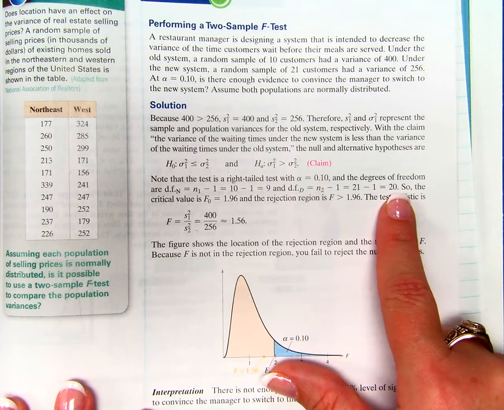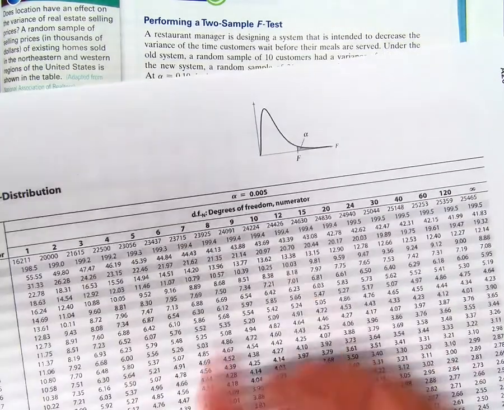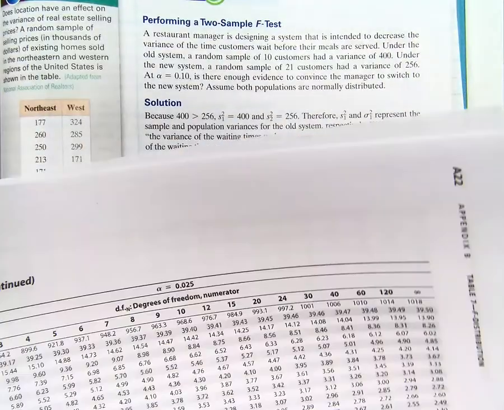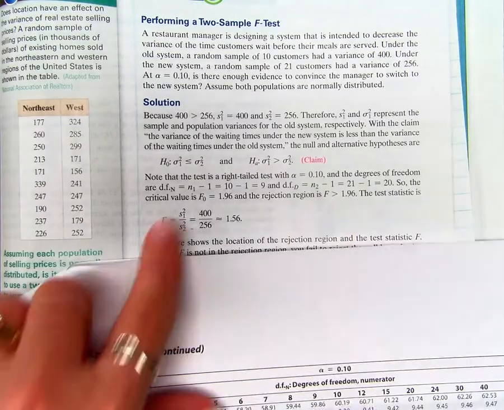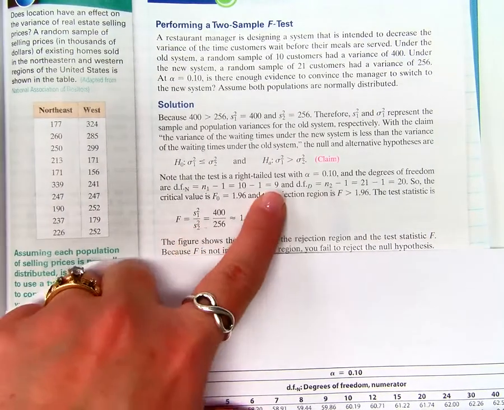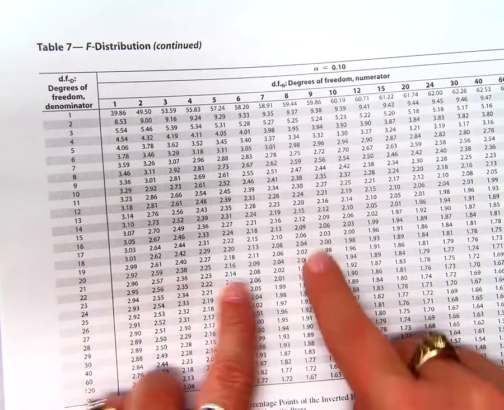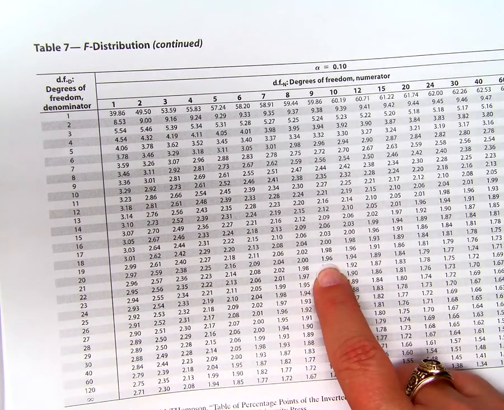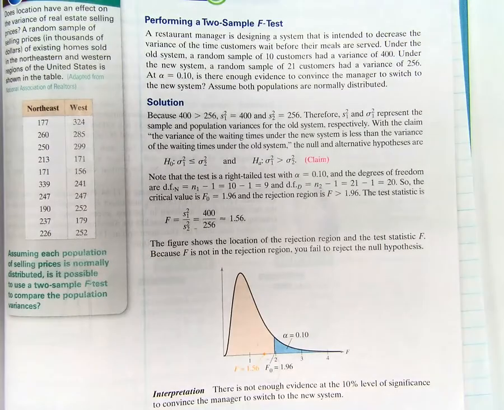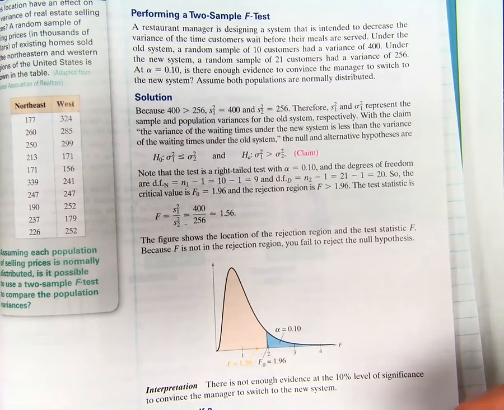So we check out this F table. We're looking at the 10% one, which is right here. What did we say our numerator was? 9, and denominator is 20. So go over to 9, come down to 20, 1.96. Not hard, right? So 1.96 is my critical value, my F sub 0.